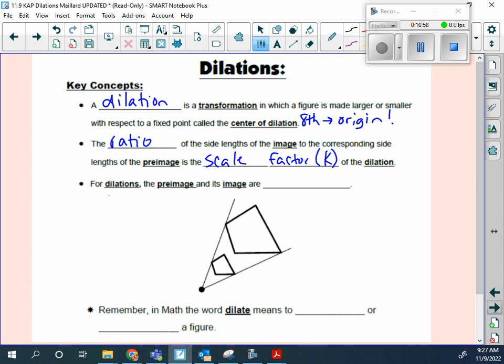The image is the new one. The pre-image is the old one. A ratio is written like that. Now, does it look familiar? It was just a big lengthy sentence, okay? For dilations, the pre-image and its image are, what do you think goes here? Similar.